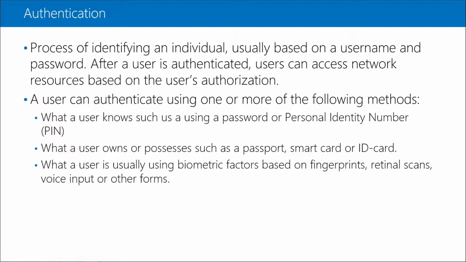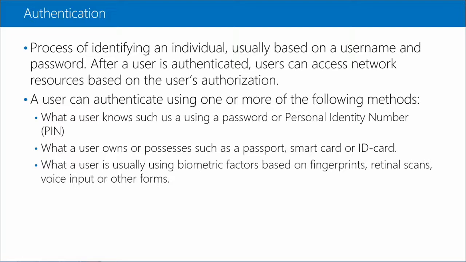A user can authenticate using one or more of the following methods. Password or PIN, personal identification number. If you have a bank card or you have your phone lock, you're familiar with a PIN. What a user owns or possesses, such as a passport, a smart card, an ID card, a badge of some kind.